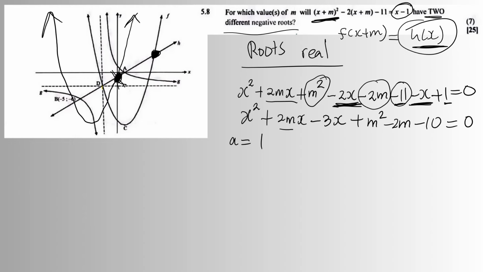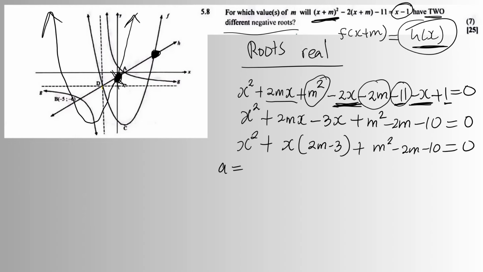So you can take the common factor of x so that you know what is multiplying x. I have x squared plus x times (2m minus 3). So you can clearly see that what is multiplying x is 2m minus 3, which is your B, plus m squared minus 2m minus 10 is equal to 0.